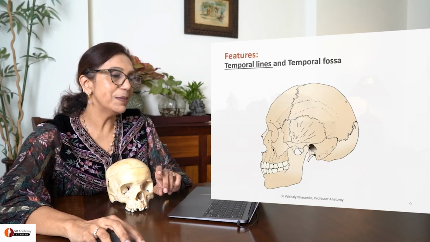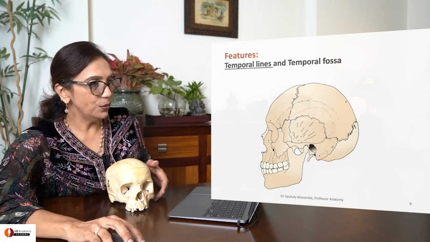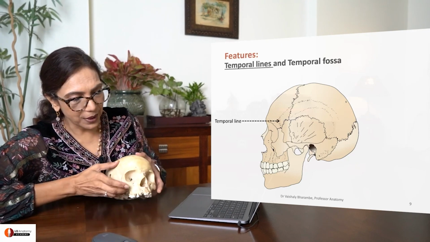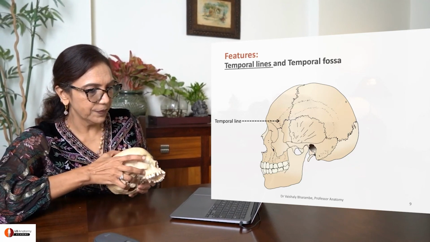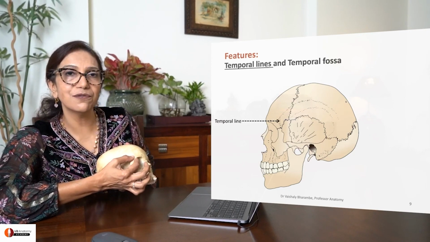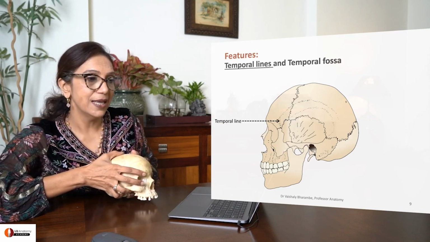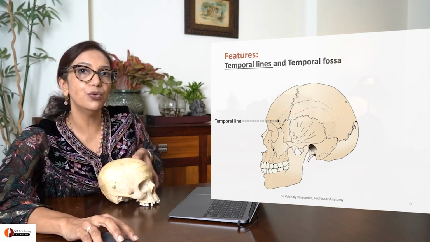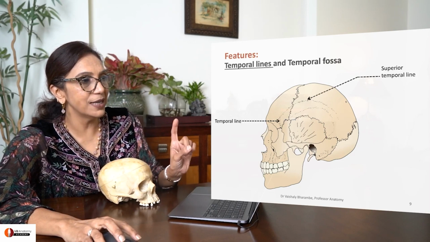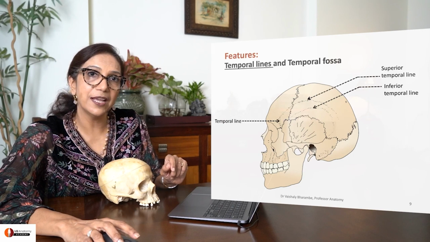Okay, so let me start with the feature of temporal line. If you now go to this point here, on the frontal bone, there is this zygomatic process of frontal bone. Here you see the beginning of the temporal line. As the temporal lines move backwards, you can see them dividing into a superior temporal line and an inferior temporal line.